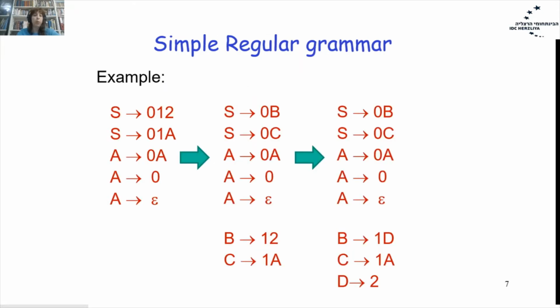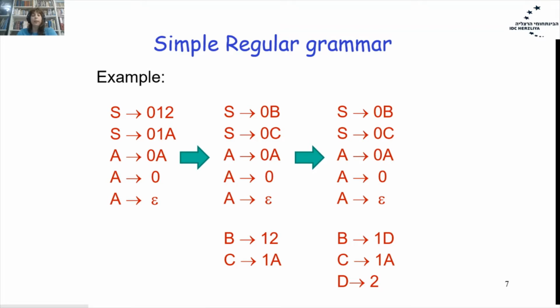Let's see how we can take the previous grammar and transform it into a simple regular grammar. When we have two or more terminals on the right-hand side, we just add an additional new variable.